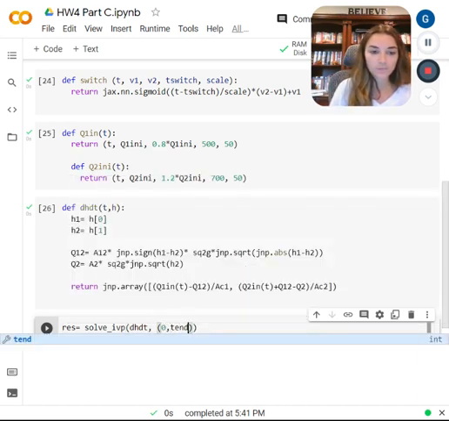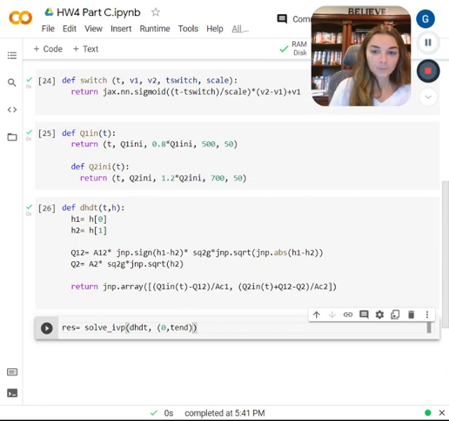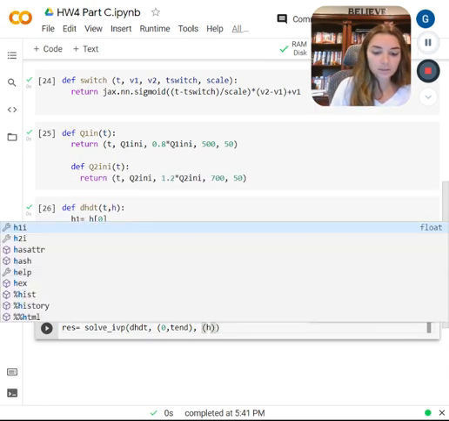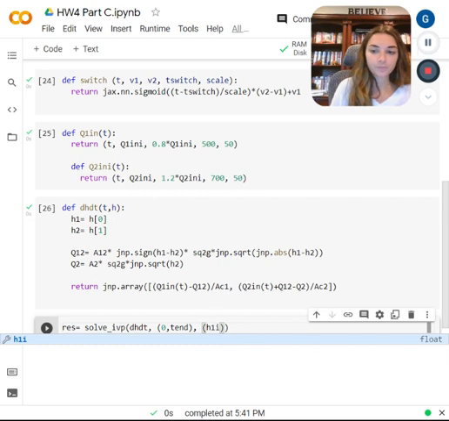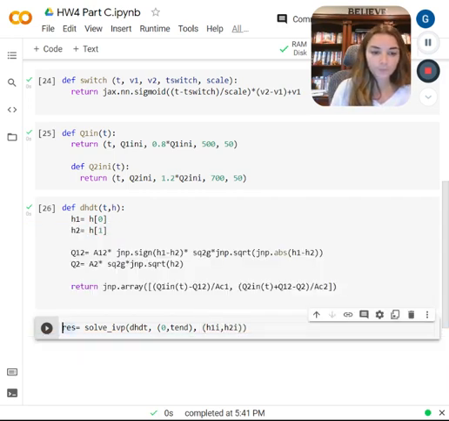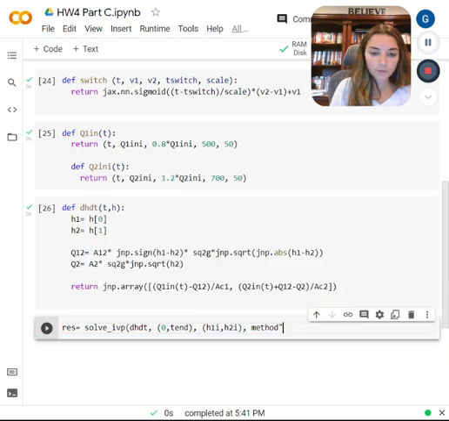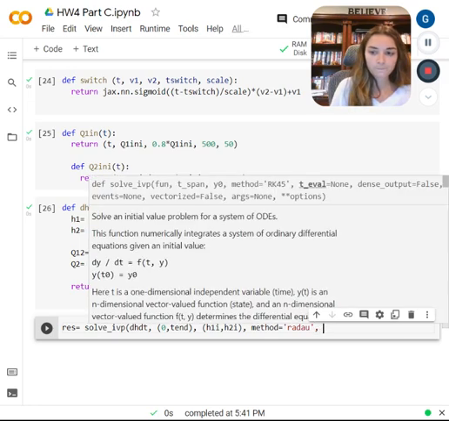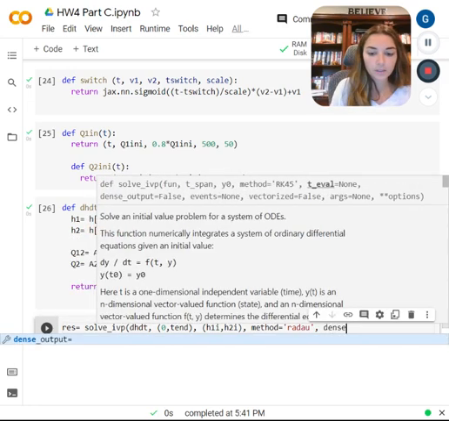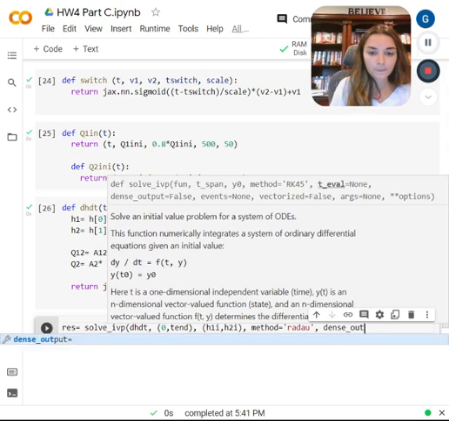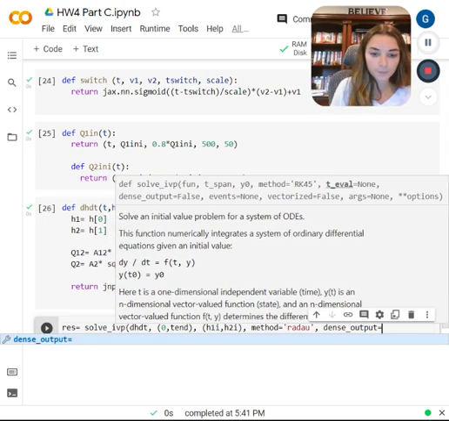Where we stop from the beginning to the end. Our initial heights at tank 1 and tank 2. Using our Radau method. Setting condition to true.